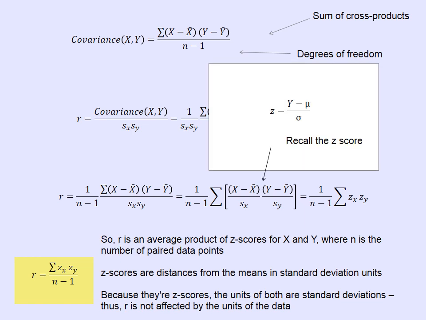Like a z-score, remember this? Distance of the value from its mean over the standard deviation. So now we can see that what we're really talking about to get an R is if we sum up the z values for every x and y value and divide by the degrees of freedom, we're going to get our R calculation. And because it's a z, that's the standardization of those scores, so that's why units don't matter here.